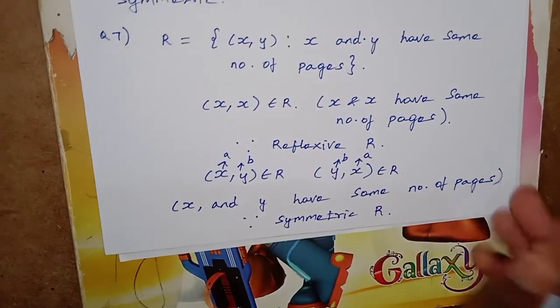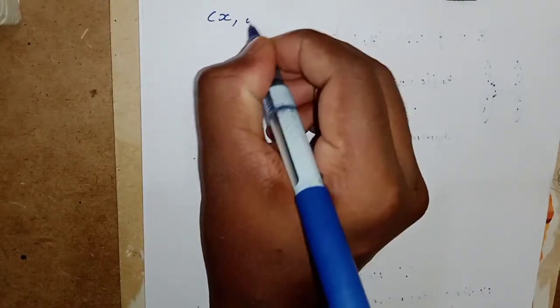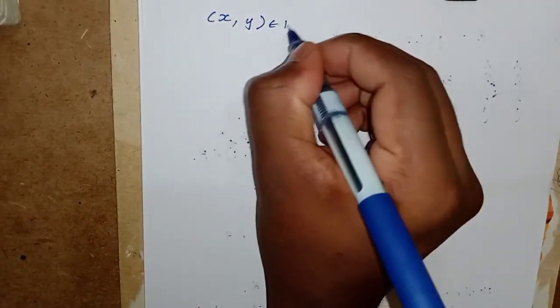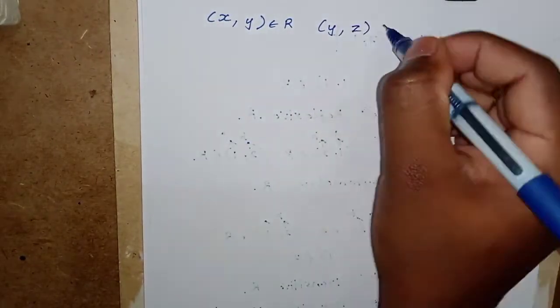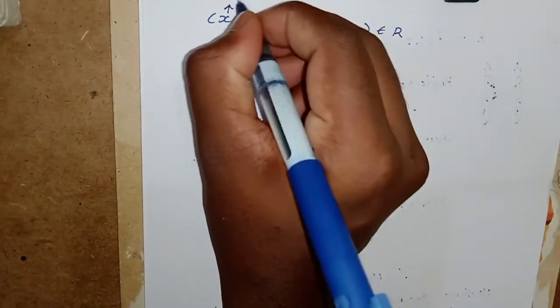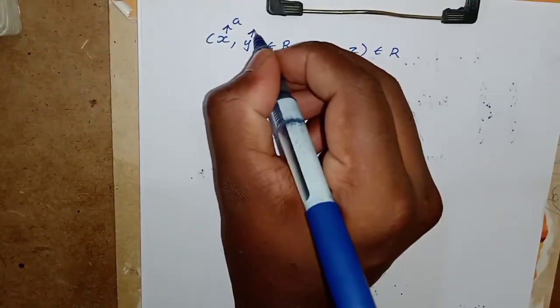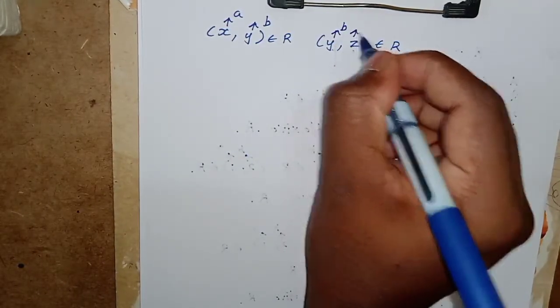Next, transitive relation. Transitive relation means (x, y) belongs to R, (y, z) belongs to R. You have to take another term for comparison. Here it is (a, b), here (b, c).